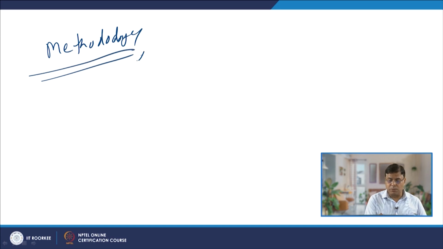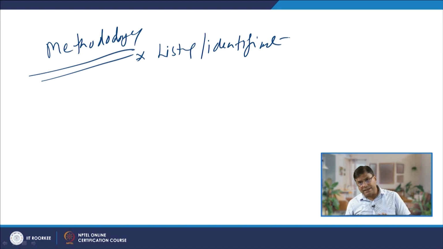is like this. First, the listing or identification of whatever activities are to be done is analyzed extensively, and each and every activity which is very specific in nature and needs to be performed for successful completion of the project is identified.